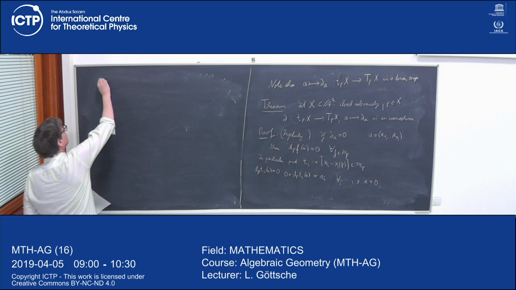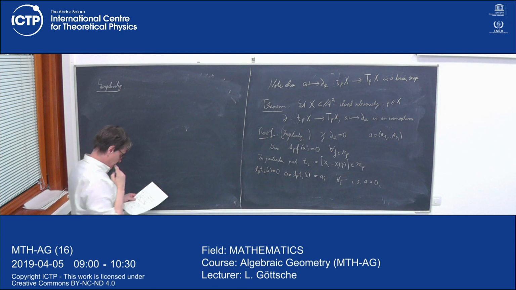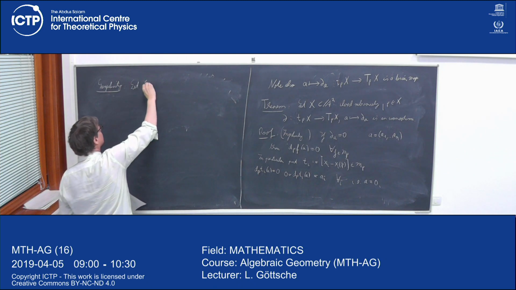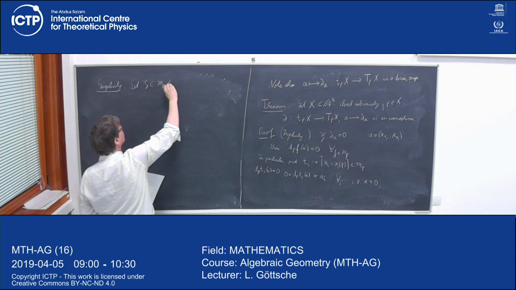So, surjectivity: I take delta, some element in the dual of M_P modulo M_P squared.